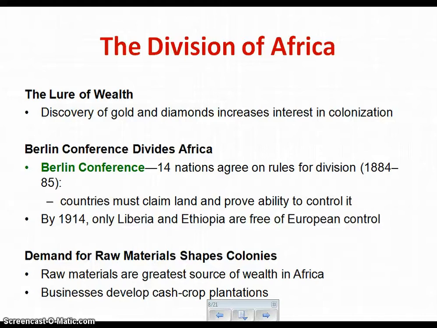You can get a picture of this idea of racism and imperialism by looking at this conference. The last thing that we're going to look at is the fact that after this Berlin Conference, Africa becomes completely controlled by Europe. The only two places that are left untouched are Liberia and Ethiopia. Everything else is claimed.